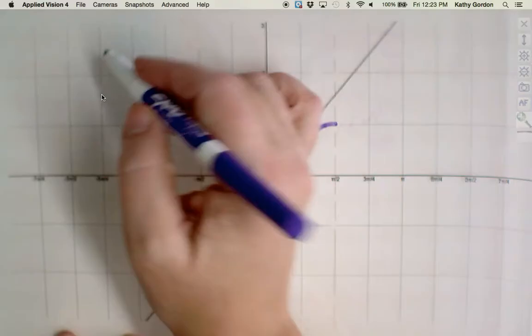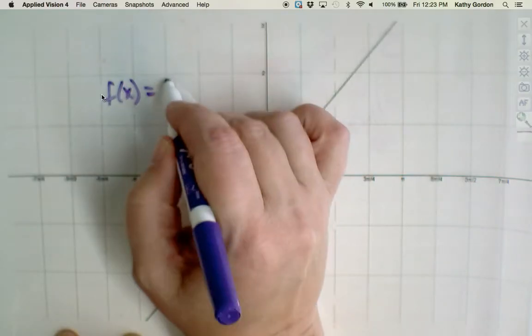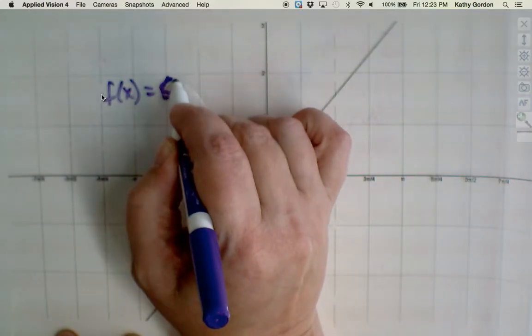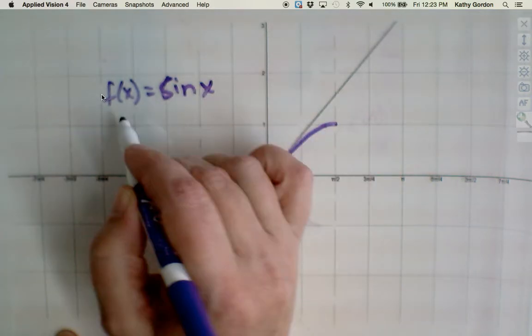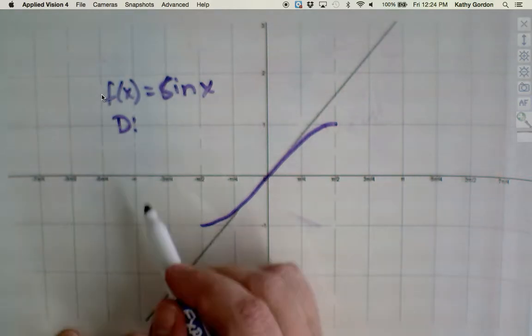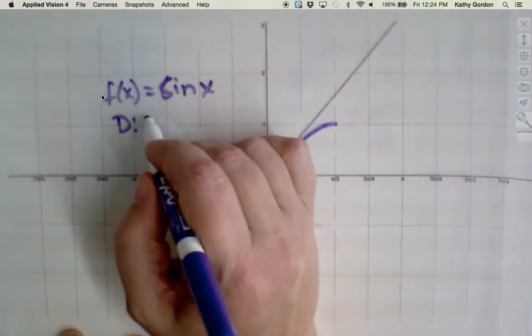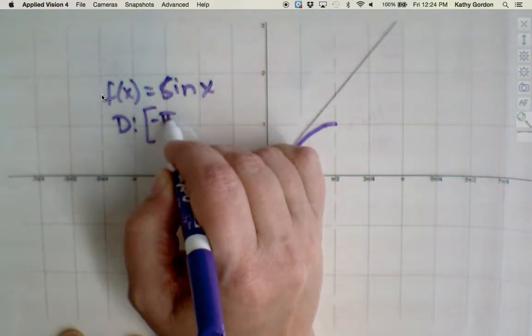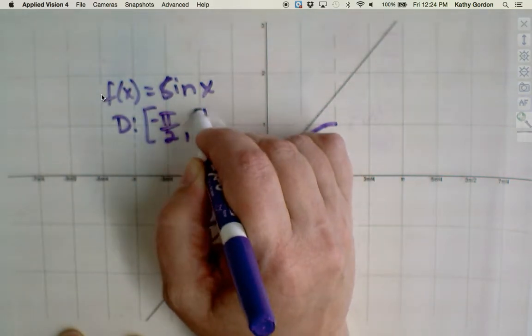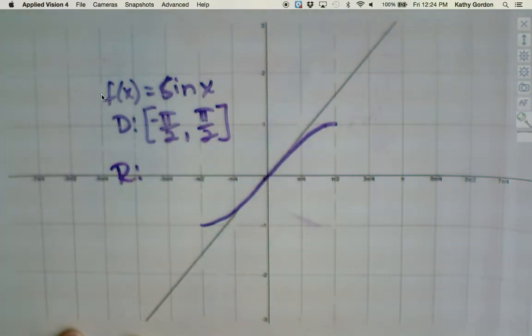Okay, so now we're still talking about f of x being sine of x, but now we're talking about it with a domain of what? Bracket negative pi over 2 to pi over 2 bracket. Okay, and then what's the range of this piece?